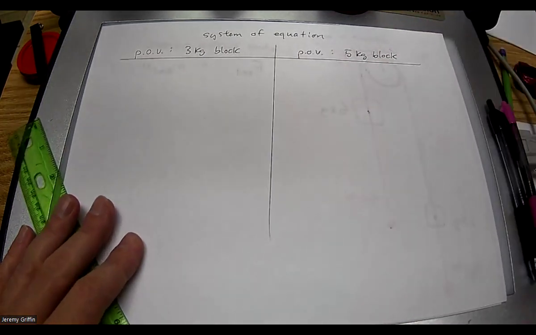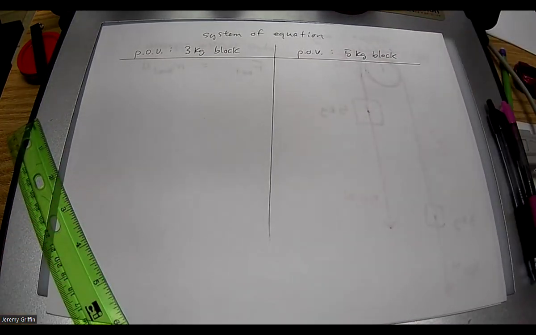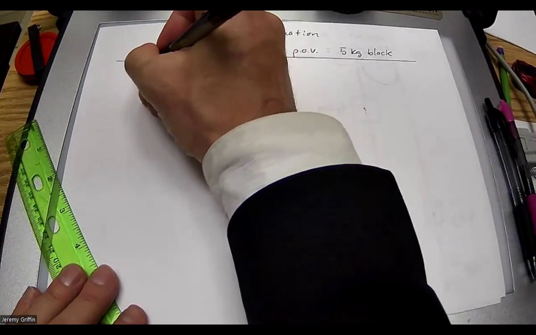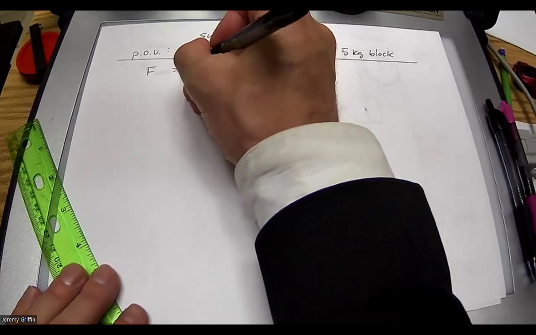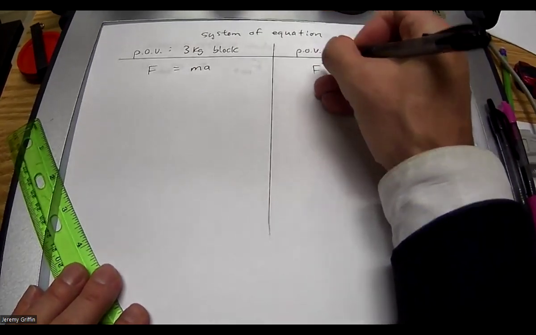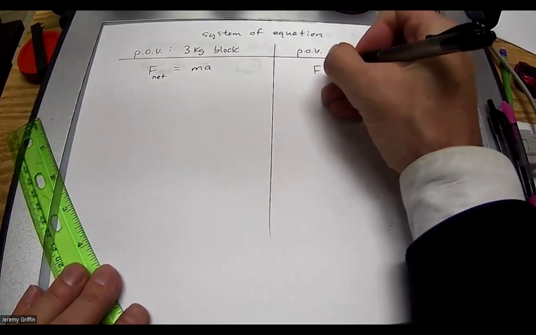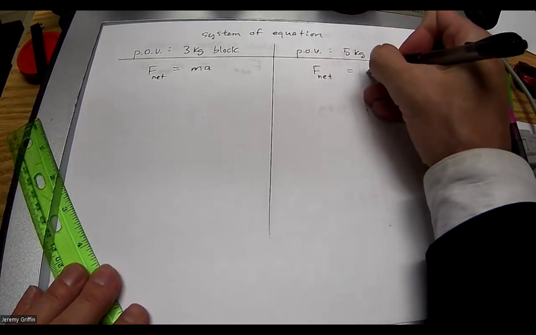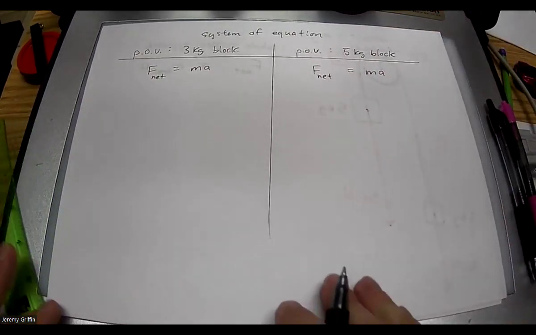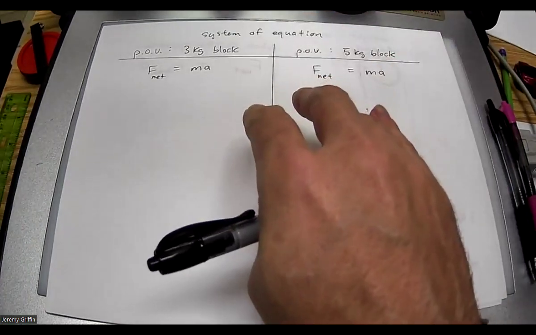Each block you could set up its own individual equation, which is still going to be Newton's second law of motion, F equals ma. I should say net force. Net force equals mass times acceleration, but it'll be for each block individually. Let's go ahead and set up these equations.